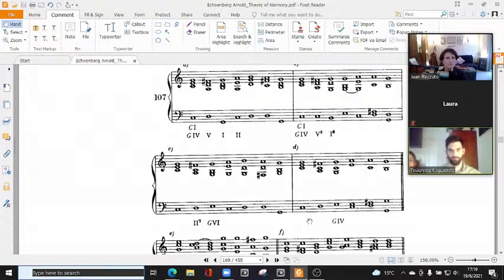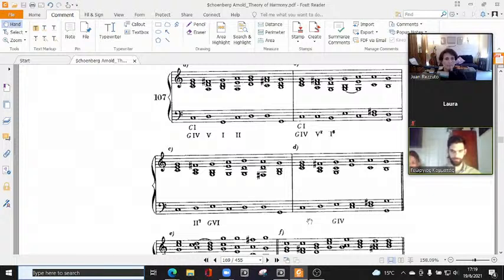So, the chords that we're playing here: we're playing the tonic, 1. Then the second with the F sharp, which will start the modulation.